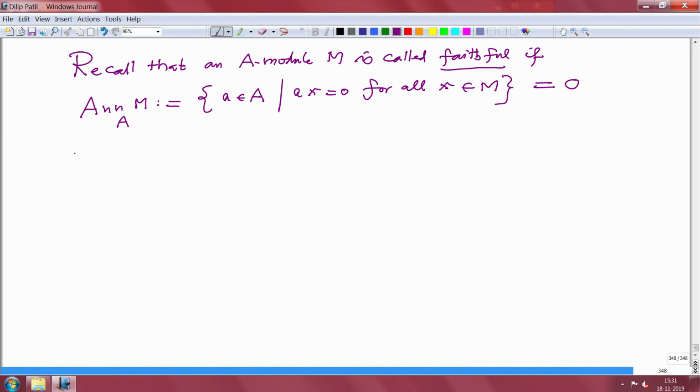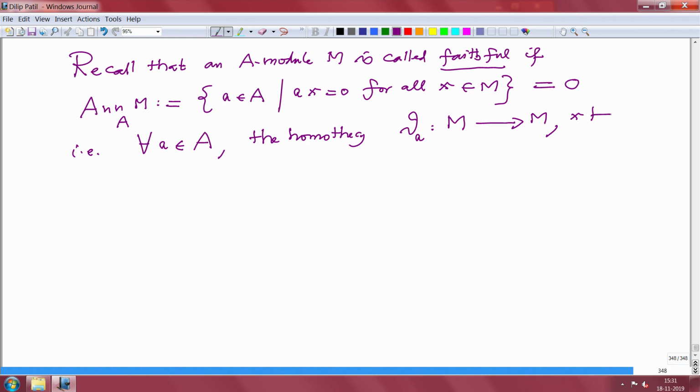So, in other words, for each a in the ring A, the homothety theta_a, which is a map from M to M defined by x going to ax, is obviously linear.